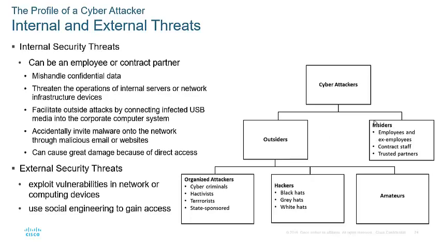These insider attackers are employees, ex-employees, contract staff, and trusted partners. The outsider attackers are the organized attackers, who are the cyber criminals, hacktivists, terrorists, and state-sponsored. And then we also have hackers, black hats, gray hats, white hats, and then we have amateurs.